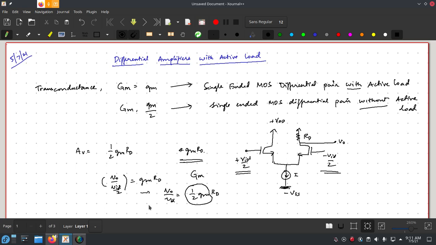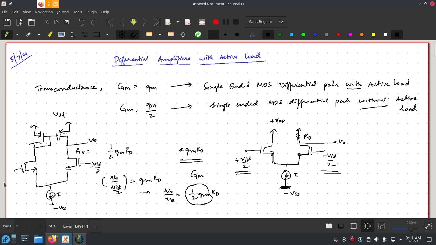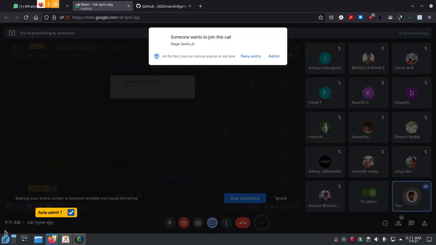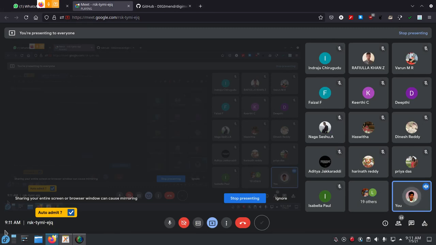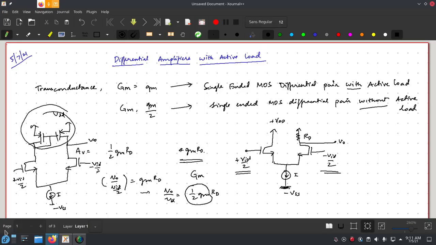But if I keep a current mirror here like this, this is my biasing source I, this is minus VSS, this is VDD, this is V0, with plus VID by 2 and minus VID by 2 at the inputs. With a current mirror configuration like this, my GM has increased from GM by 2 to actually GM.